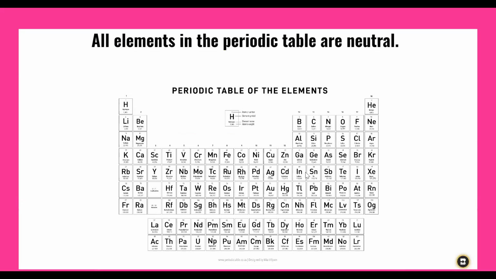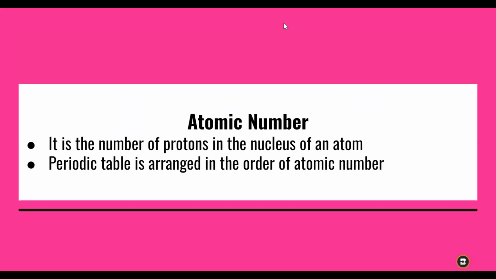Okay. To emphasize again, all elements in the periodic table are neutral. All of them are neutral. If we say nitrogen has an atomic number of 7, then it means the number of protons is also 7. So atomic number is the number of protons in the nucleus of an atom.